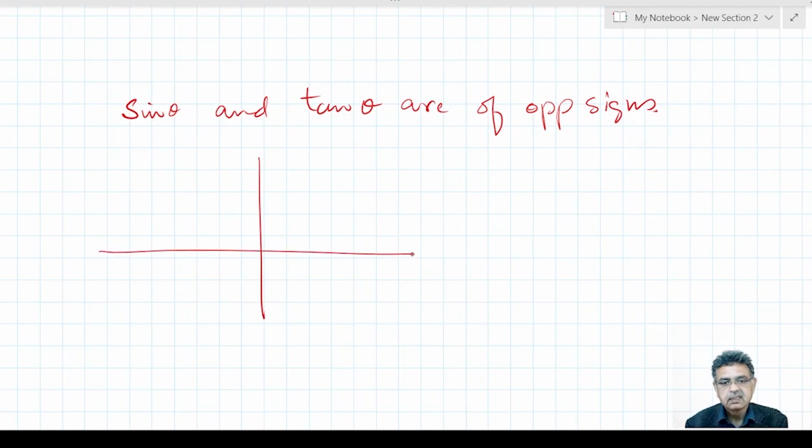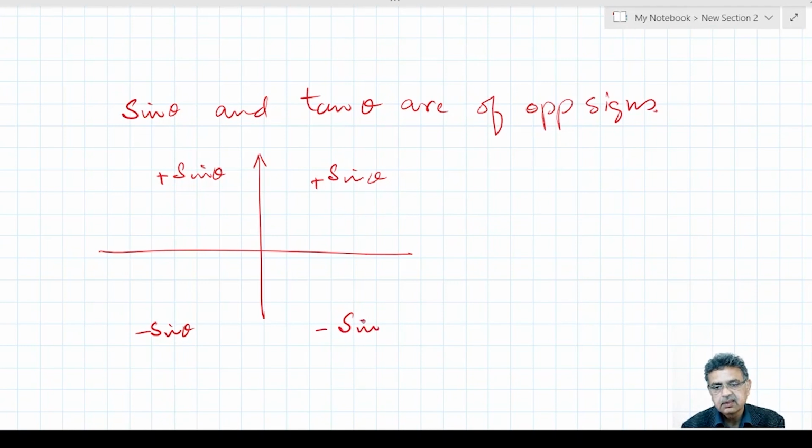Once again, sin is positive above the x-axis. So sin theta is positive here and here. In these two quadrants, sin theta is positive and sin is negative in this quadrant and in this quadrant. And the reason, I will repeat, is that where y is positive, sin is positive.